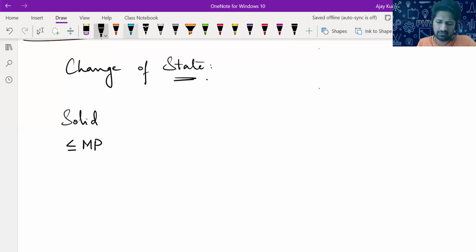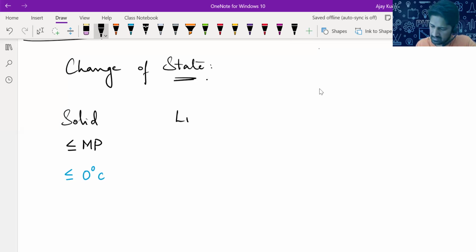For example, if it is ice that you're talking about, it should be less than or equal to 0 degrees C. You can't expect to find ice at a temperature more than 0 degrees C. Generally, there are always exceptions. By adjusting pressure and all, you can have ice at a temperature more than 0 also, but we are not discussing those. In your syllabus, you don't have all that. So usually a material exists in solid state at a temperature less than or equal to the melting point.